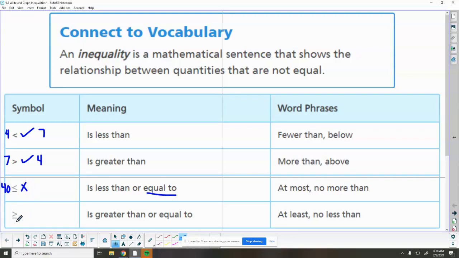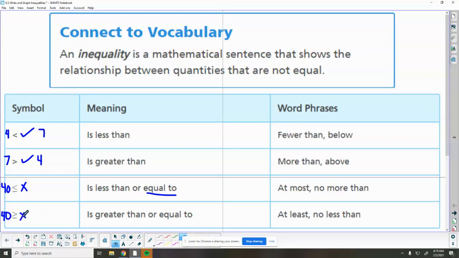You can also flip that around. Recently, my family was at a little amusement park, and you couldn't be taller than a certain height to ride the ride because it was for little kids. And so 40 was the greatest you could be. You could be exactly 40, but if you were 40.1, that was too big.